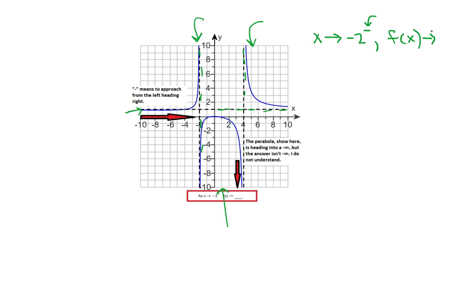Now f of x is just the graph, so f of x is indicated by these blue lines here. So this is a part of f of x. This is also a part of f of x, this parabola here, and then this section is also part of f of x.